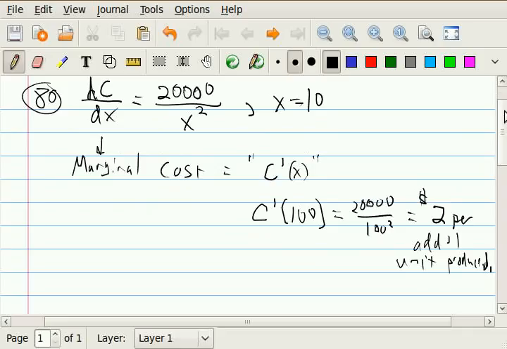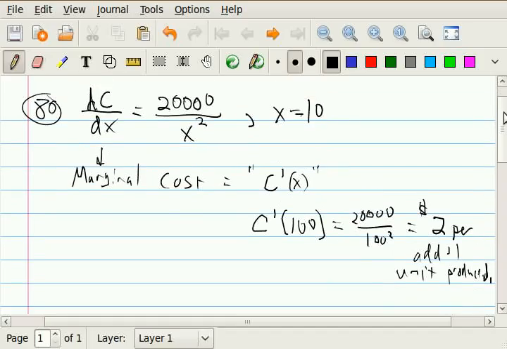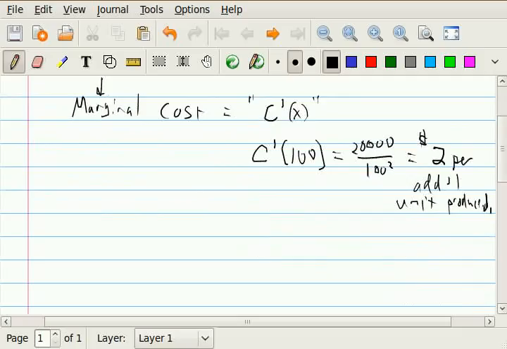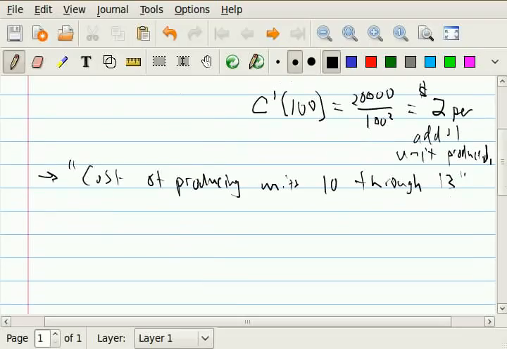And if you want to total up a rate of accumulation, we integrate the marginal cost function. So what they're asking us to do, I think they could say a little bit clearer, is find the cost of producing units 10 through 13. The units between 10 and 13 would be better.